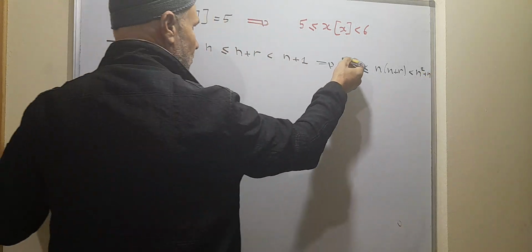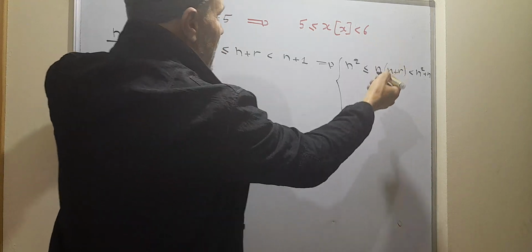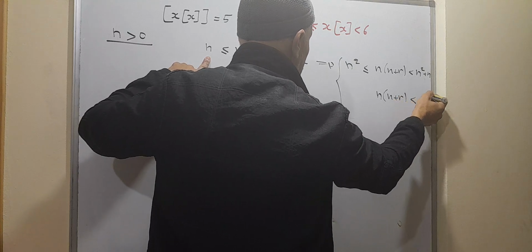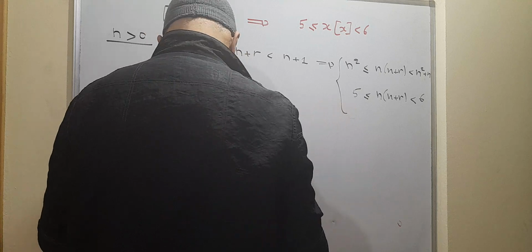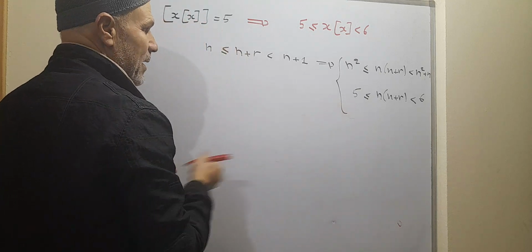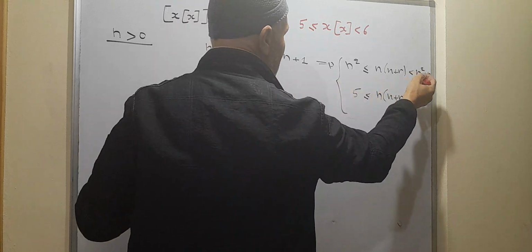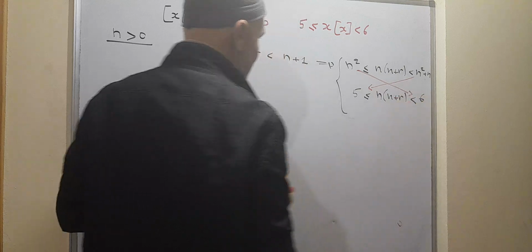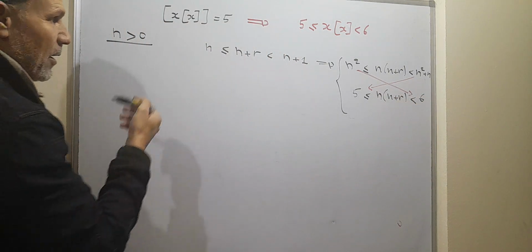This is the first inequality. The second inequality, we have n times (n plus r) strictly less than 6 and greater or equal to 5. From this system of inequalities, we can use these double inequalities.